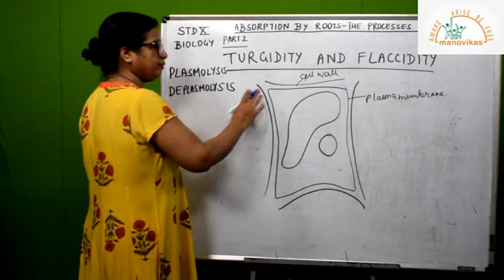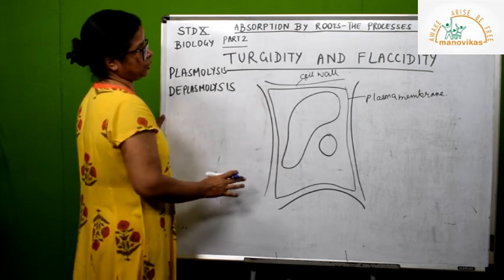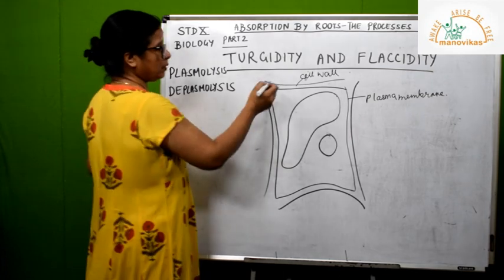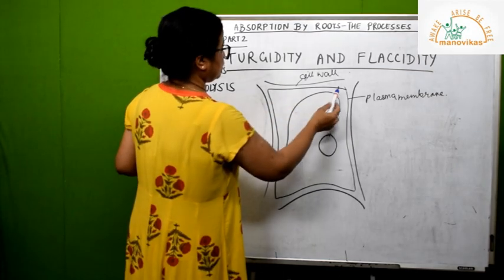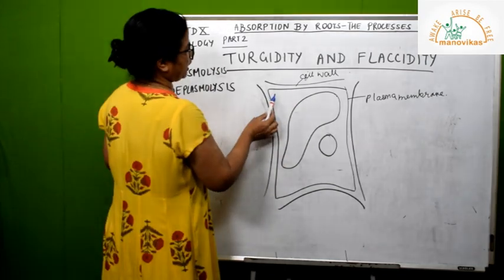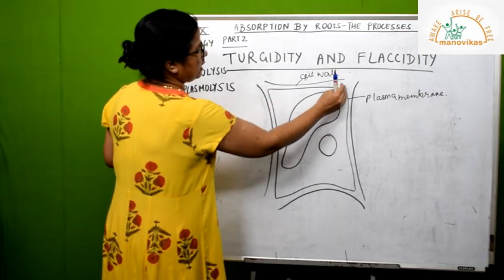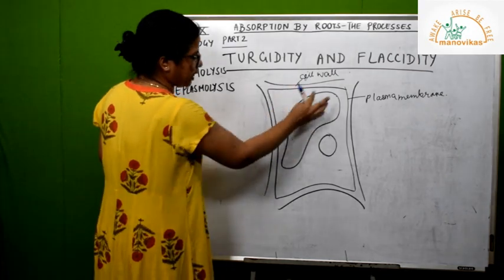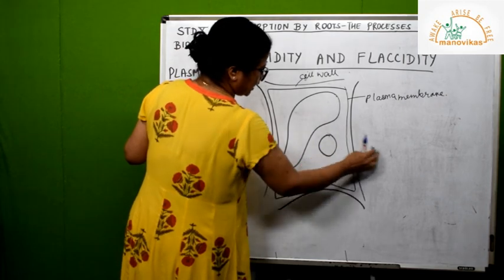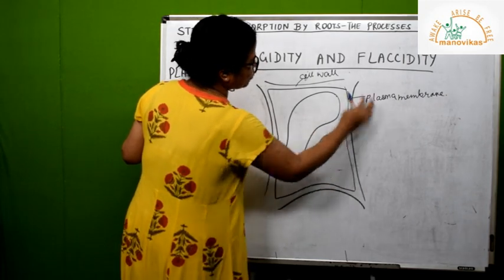But if this cell is placed in a solution that is hypertonic, what will happen? In the beginning it's in a turgid state. After a while, the plasma membrane will separate itself and there will be shrinkage, because water from inside, from the vacuole and the cell, will move outside.